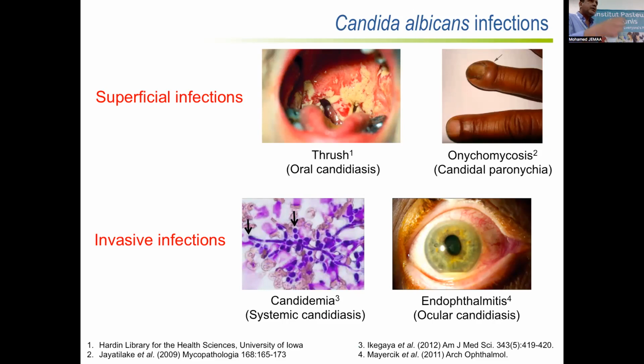You can see the hyphal form here, surrounded by immune cells in the bloodstream. And in the bloodstream, Candida can reach organs, including the eyes, for instance, to cause ocular candidiasis. This is seen in diabetic patients, but also in severely immunocompromised patients.